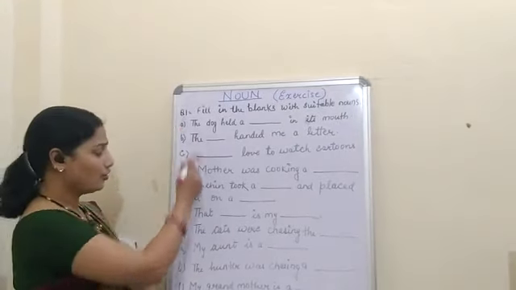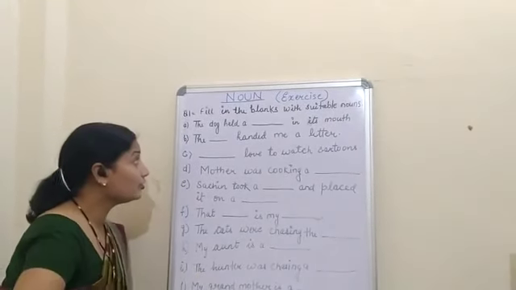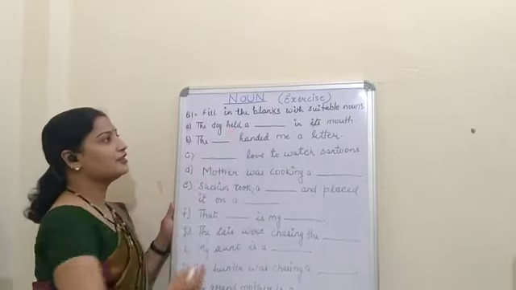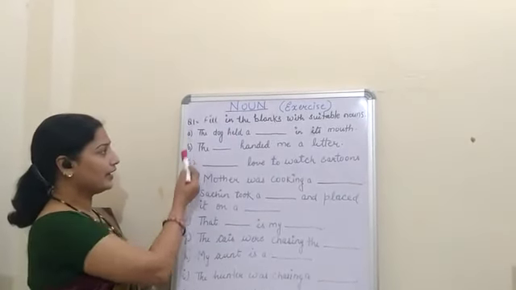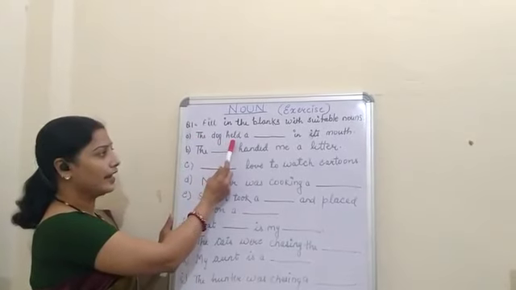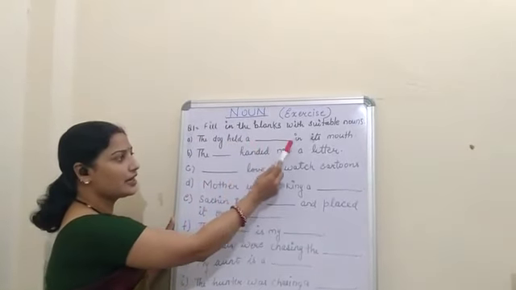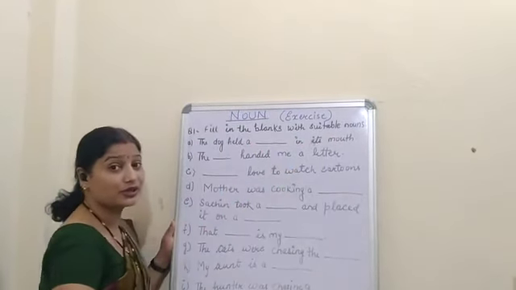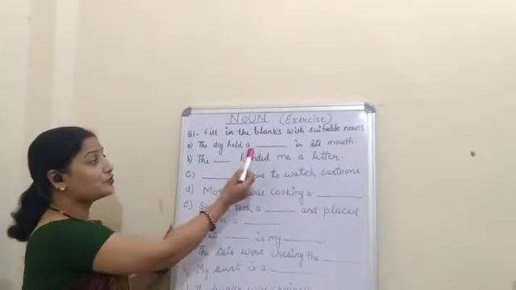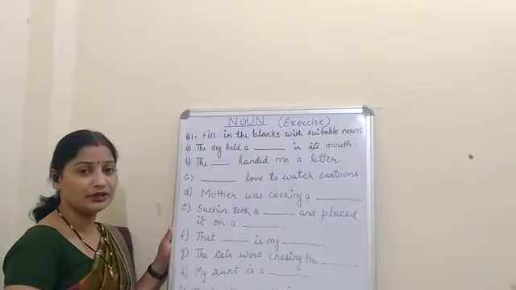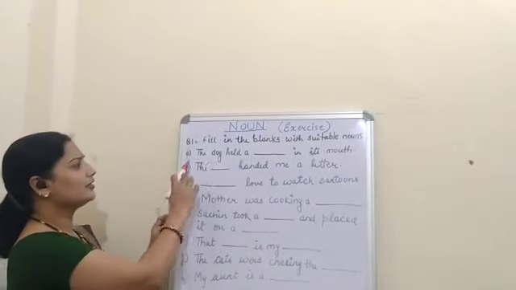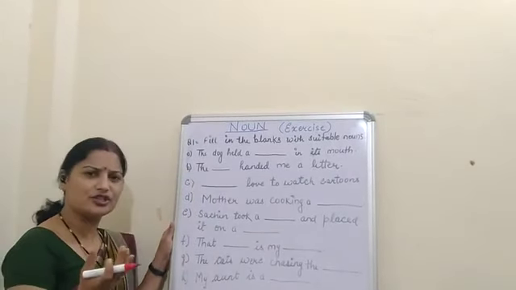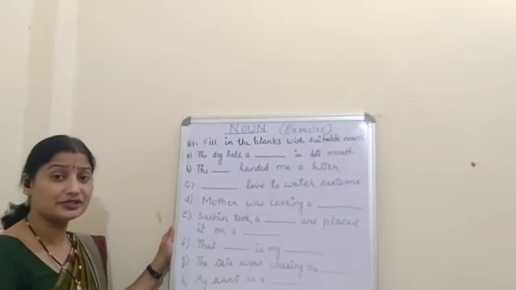This is your question number 1, and question number 1 is fill in the blanks with a suitable noun. The dog held a dash in its mouth. Here we have to fill this blank with a suitable noun. We can write anything here. A dog can hold anything in its mouth.